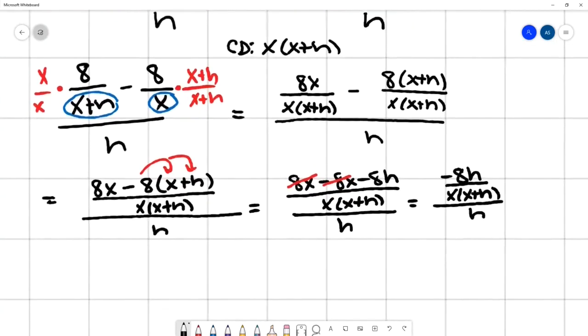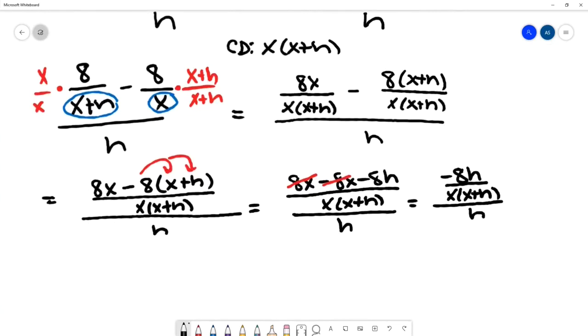And it still looks a little bit messy because we have a fraction inside of a fraction. We call this a complex fraction. So what I want to do is I want to change this fraction bar, and the operation for a fraction bar is division. So instead of writing it in this form with the fraction bar, I'm going to write it with that division bar. And when we do that, that would be negative 8h over x times x plus h divided by h.